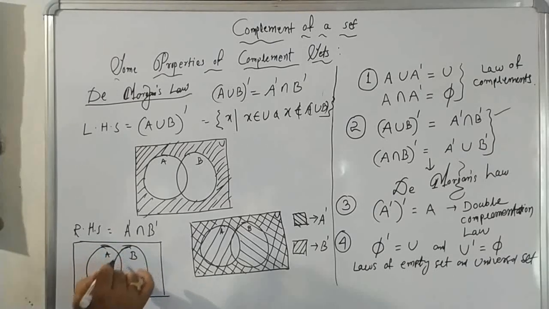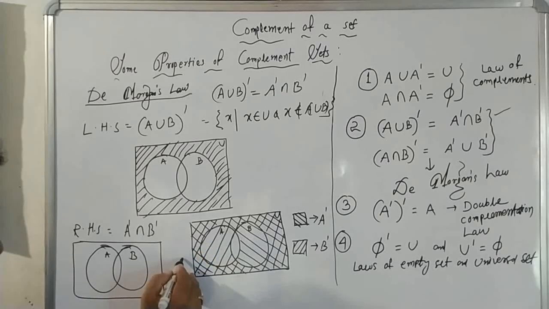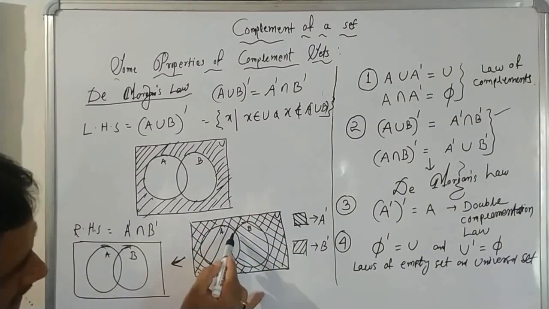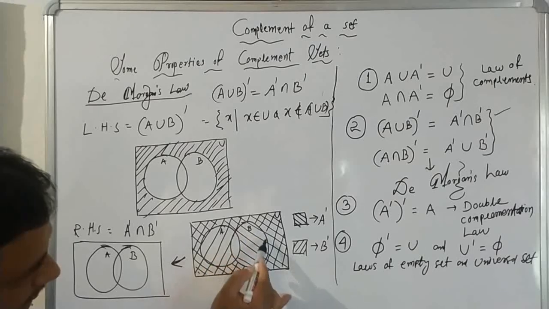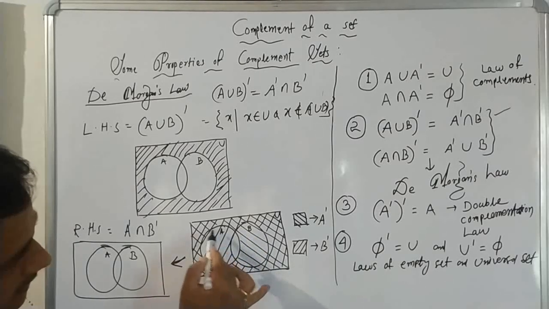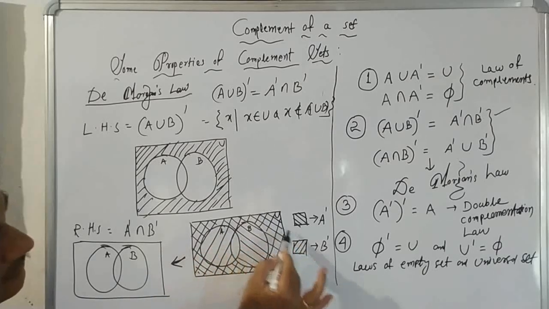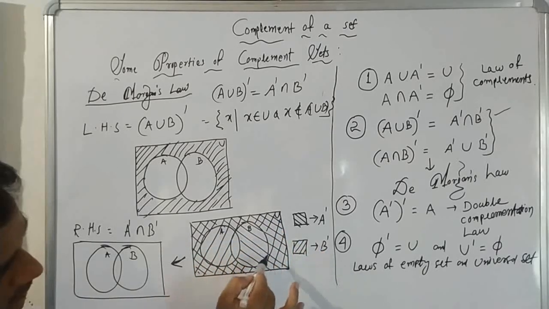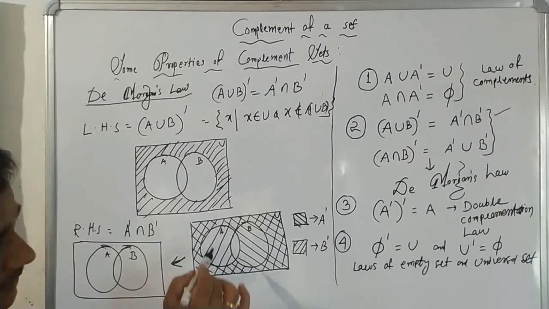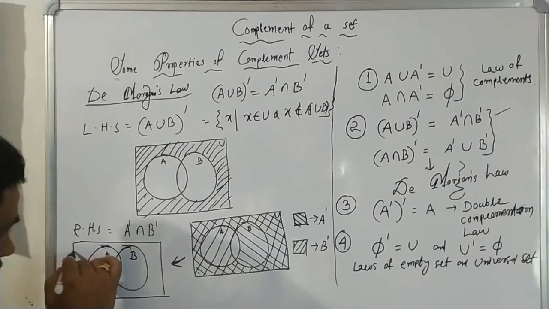This is A, this is B. So the common parts here, you see, except A and B, in all the remaining parts, crossed shadings are there, which means common elements are there except A and B.